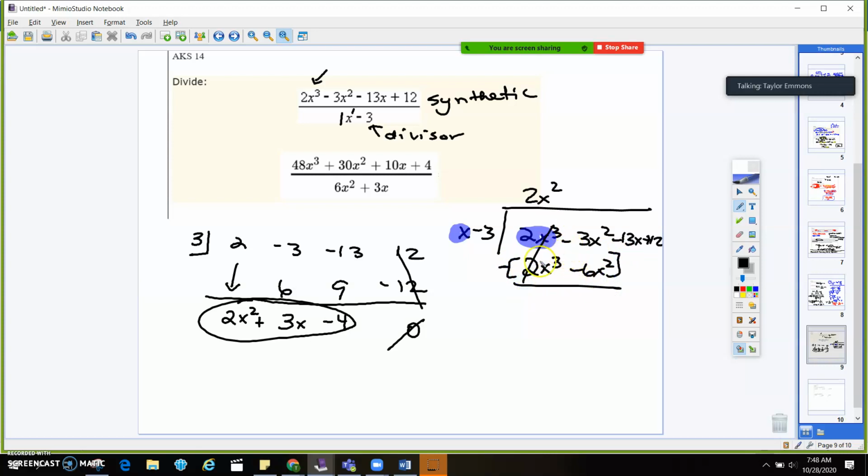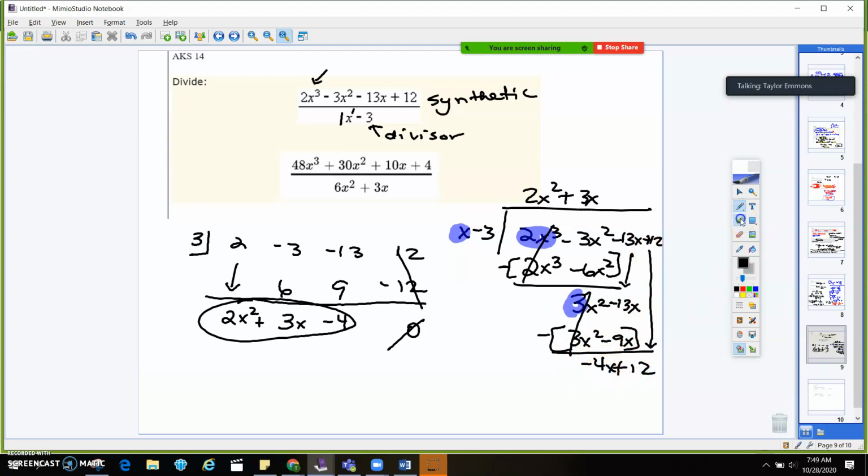So this would give me negative 3 minus negative 6, which is going to give me positive 3x squared. Bring this down. Say, all right, what times x is going to give me 3x squared? Well, 3x is going to do that. And then we're going to multiply. And then subtract. And then we're going to bring down the next term.